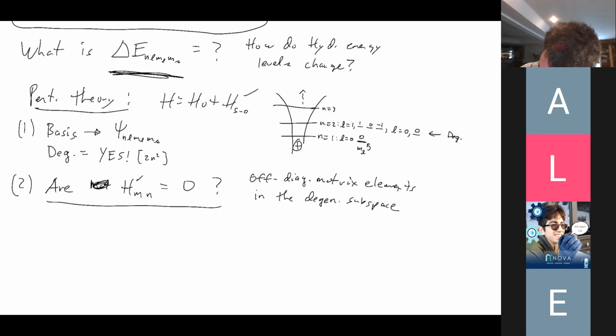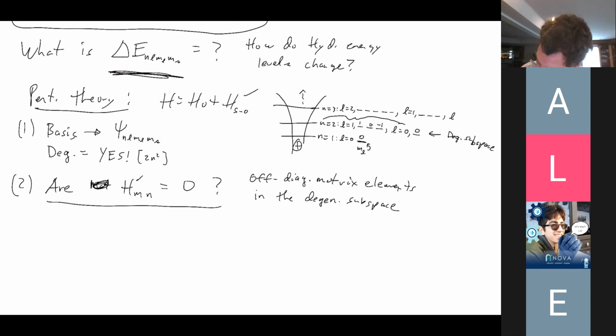Degenerate subspace is that set of states. All of these states form a degenerate subspace, right? And for n equals 3, I have L equals 2, which has 5 M sub L states. And I have L equals 1, which has 3 M sub L states associated with it.